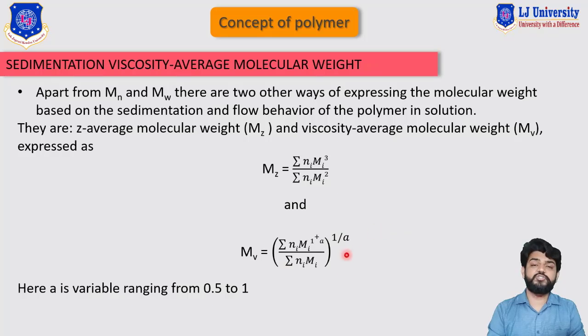Here this small a is nothing but your variable, which can range from 0.5 to 1. So these are the other numbers used to calculate the average molecular weight of a specific polymer, such as sedimentation average molecular weight and viscosity average molecular weight.